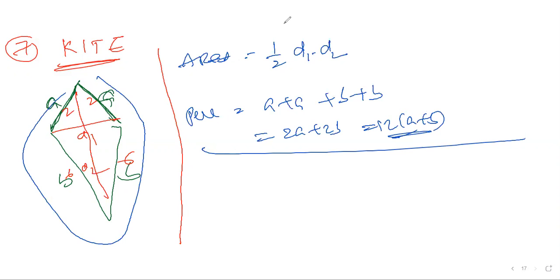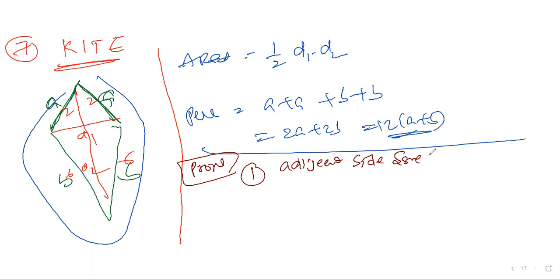Next, go for the properties. Very important properties. Adjacent sides are same length. This is a side, this is a side; both are same length. Clear? And this is a side, this is a side; both are same.